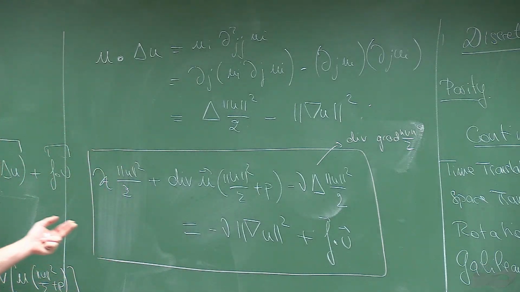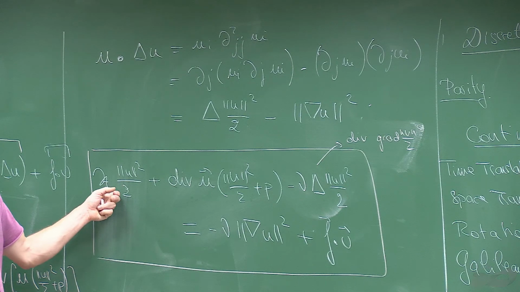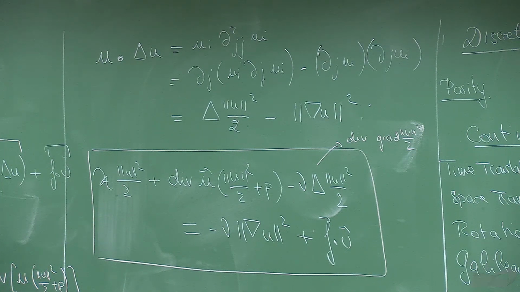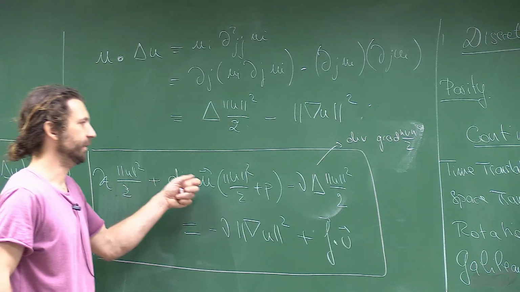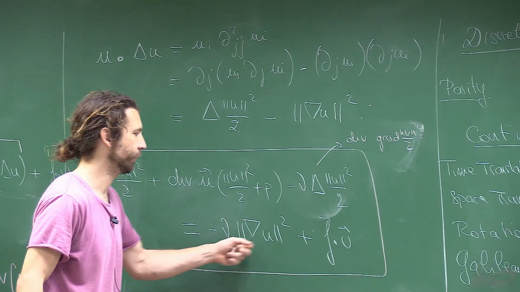If we take an integration over the domain, which here it will be useful to take as a periodic domain, then the divergence terms will vanish. The only terms left are these.